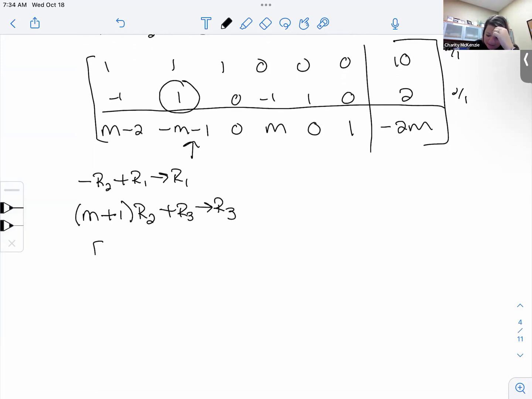Now let's go ahead and do that. We'll do our easy one first. So that's going to bring all of those to be negative, and then add it to this top row, and then replace it on that top row. So a -1 becomes positive, that becomes a 2, that becomes a 0.